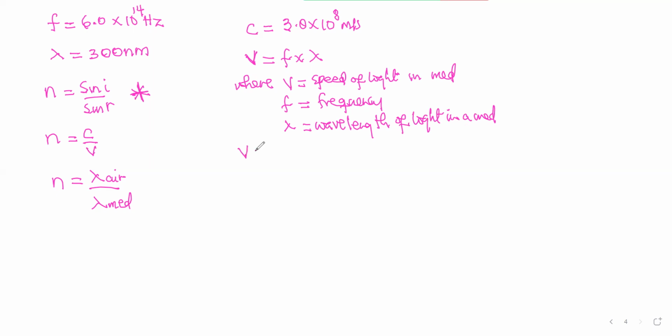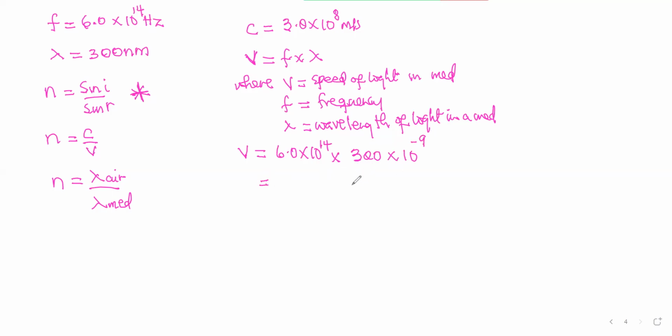So we can find v to be the frequency, which is 6.0 times 10 exponent 14, times the wavelength of light in a medium. That is what was provided, where its wavelength is measured to be 300 nano. Nano is 10 exponent negative 9.